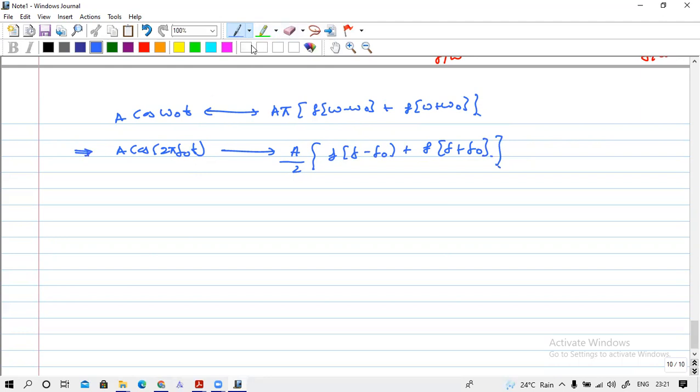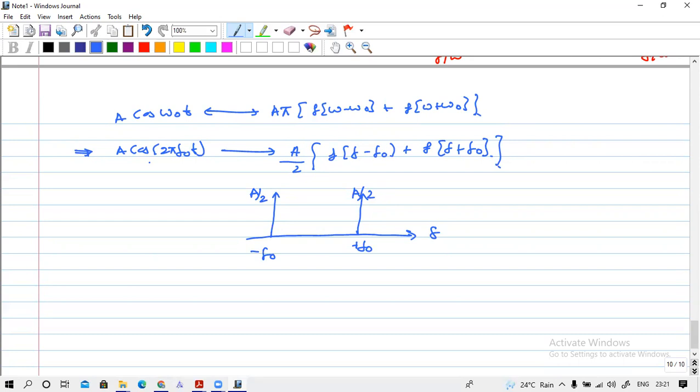If I plot the frequency spectrum, I have two components. One is at plus f0, another is at minus f0, and the amplitude is A/2 and A/2.